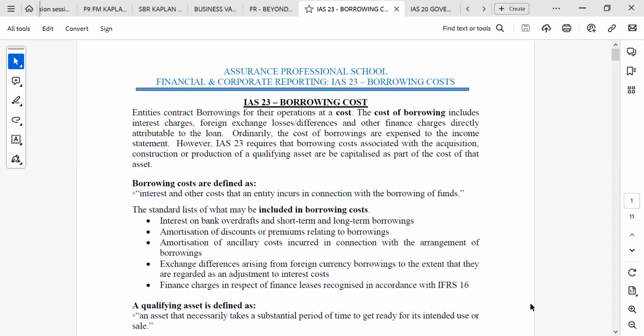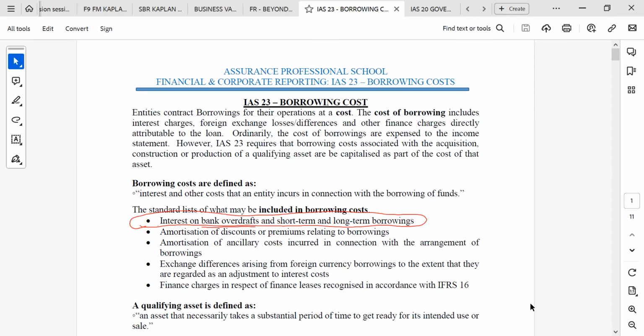So any interest or any amount that you are incurring in connection with borrowing of funds is what we call a borrowing cost. Okay, but the question now is, if you are taking the bank overdraft to finance an asset, which is a qualifying asset.